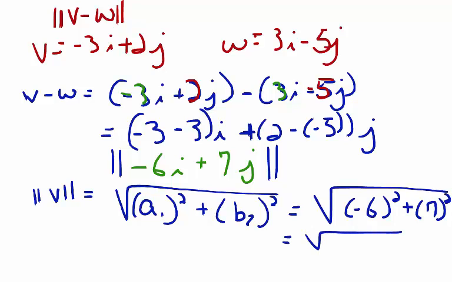This equals the square root of 36 plus 49, which equals the square root of 85. Therefore, the magnitude of the difference of vectors v and w is equal to the square root of 85.